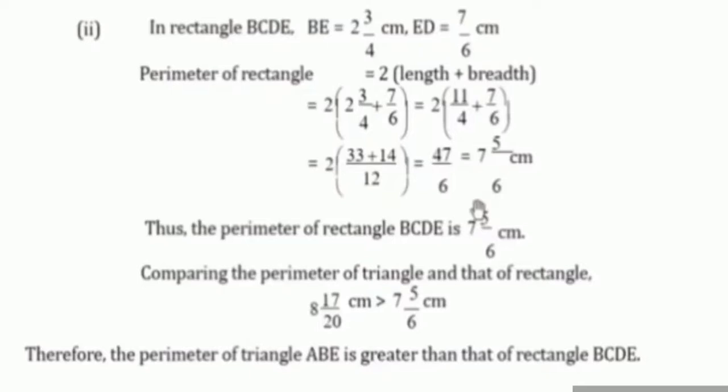Now we can write it as the mixed fraction 7 whole 5 upon 6 centimeter. Okay. So the perimeter of the rectangle is 7 whole 5 upon 6 centimeter. Now we have to compare which one is greater. So scholars, you can see here the first one, the perimeter of the triangle, is greater than the perimeter of the rectangle. Okay.